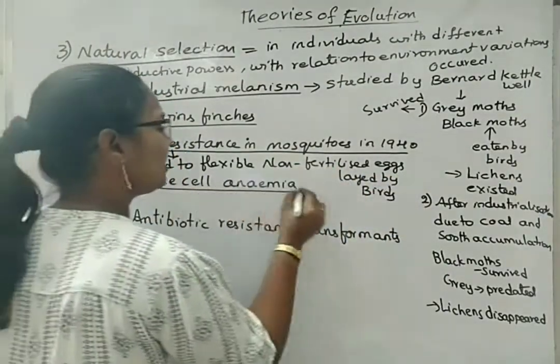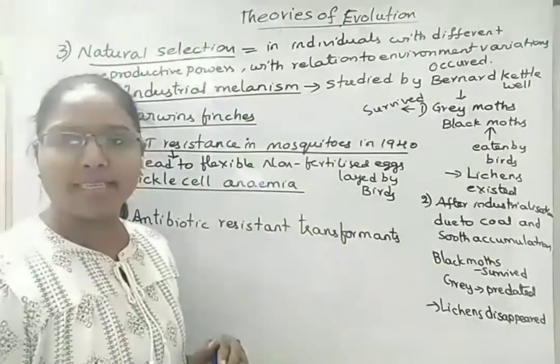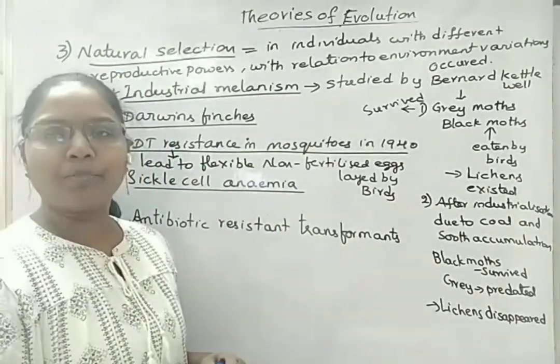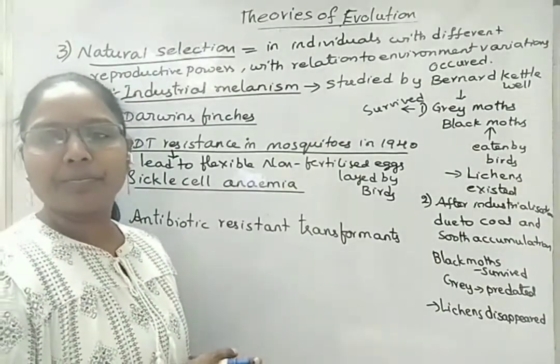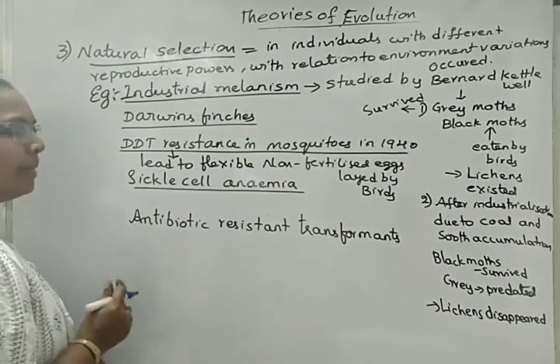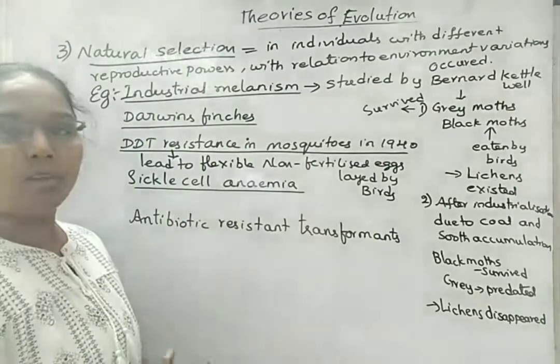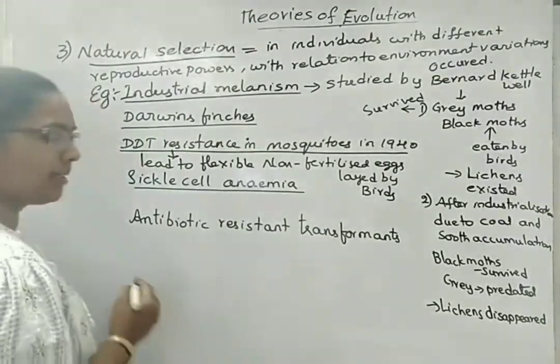Next one, sickle cell anemia. Nature has selected the heterozygous type of gene allele forms in African people, which are resistant or tolerant to malaria.